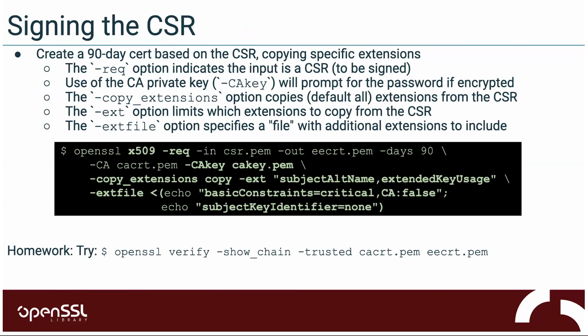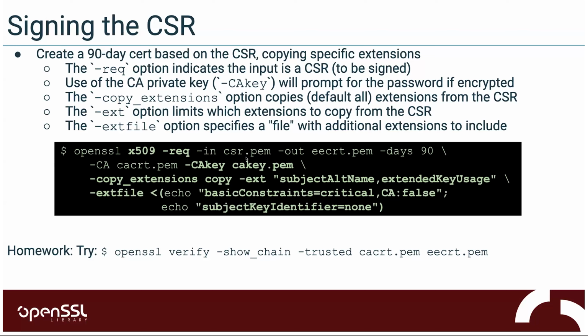Okay, now that we have a CA private key and a CA certificate, by the way, the previous command, if you run it, will prompt you for a password to encrypt the CA private key with. And you'll need to use the password again every time you use the key. So now that we're signing our CSR, the OpenSSL x509 command can be used as a miniature CA. When you tell the OpenSSL x509 command to read in a request, that automatically implies that what it's going to do with the request is sign it.